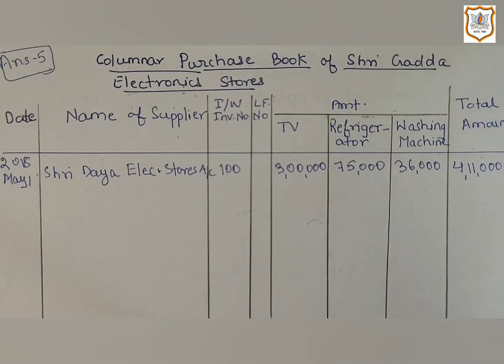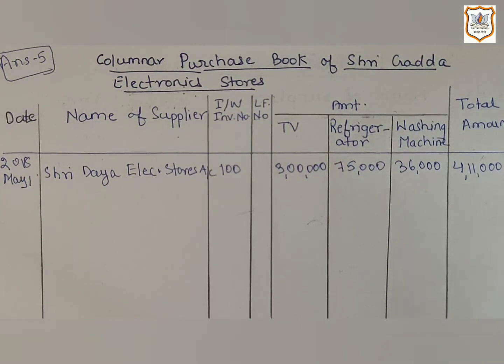Now the next transaction, date 7: purchased goods from Shri Tarak Electronic Stores, 5 pieces TV set at 25,000 per piece and 10 refrigerators at 16,000 per piece at 10% trade discount. Received invoice number 151, half of the amount paid immediately.